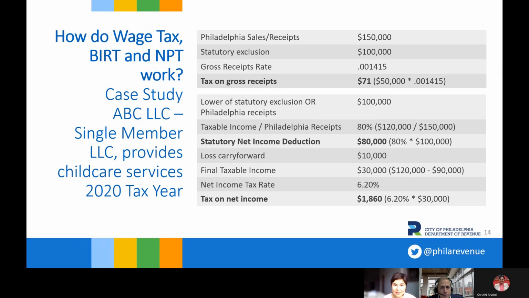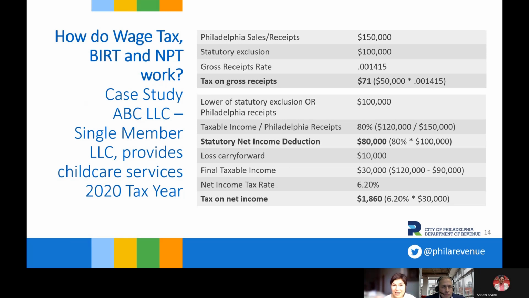And part of the way that $100,000 exemption works is that you get a portion of it, based on a percentage derived from how much profit you have. In the example, you're dividing $120,000 of profit by the $150,000 of gross receipts. That's how you get to that 80%. So 80% times the $100,000 is $80,000.